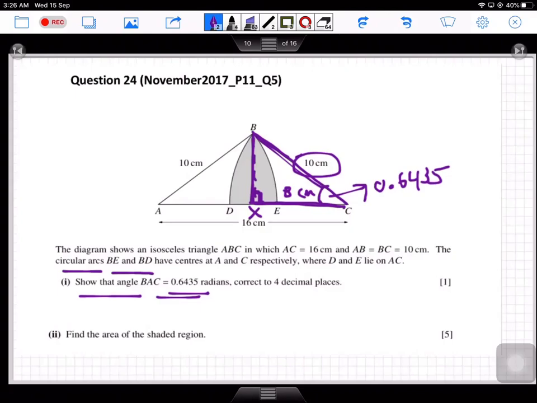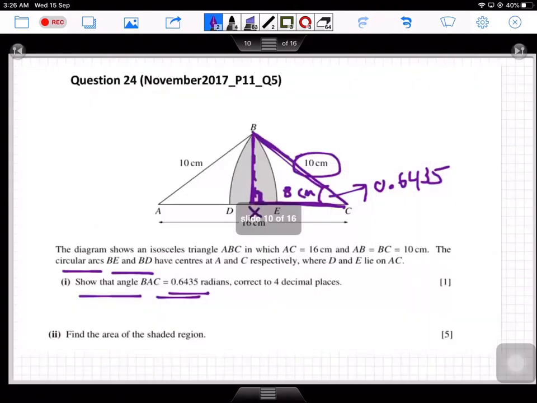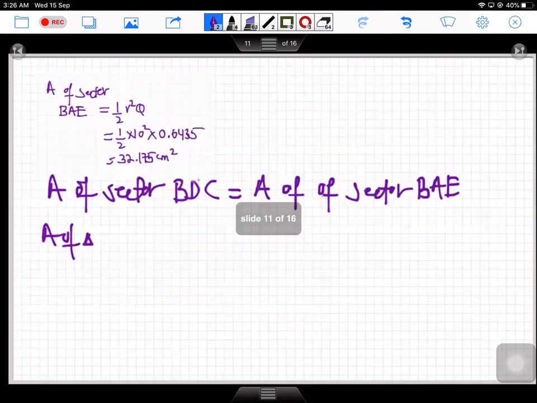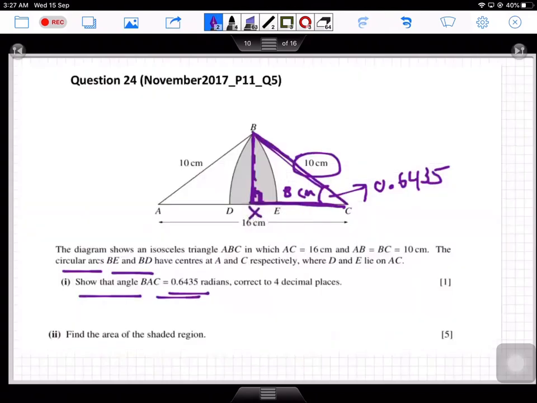So the area of a triangle is half into AB into sine C according to the sine rule. Just mention what we are finding over here: area of triangle BXC. This is half into 10 into 8 multiplied by sine 0.6435.